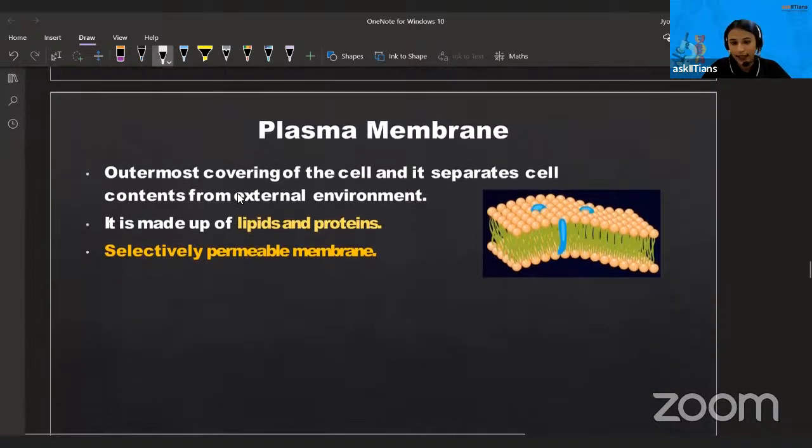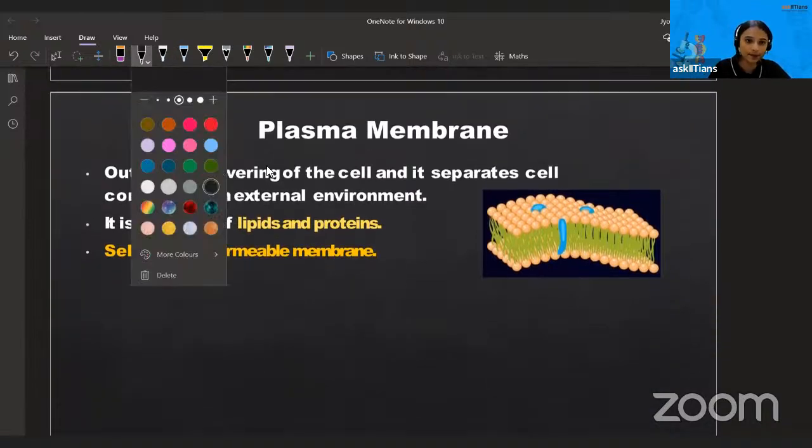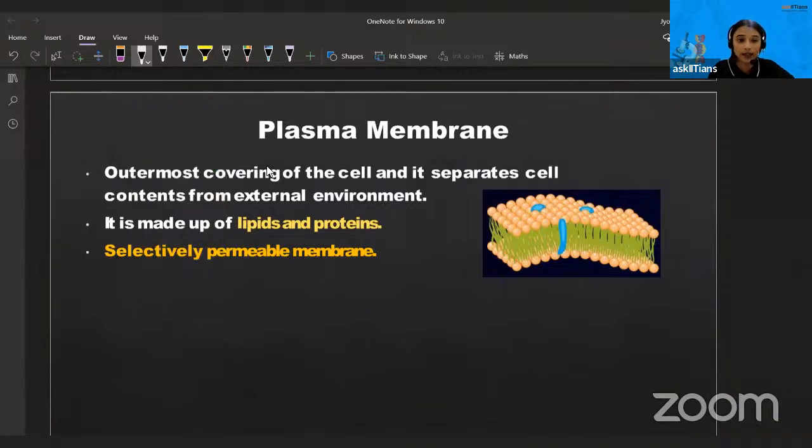Now moving to the next, that is our plasma membrane. As I told you, in case of animal cell, the outermost covering of the cell is the plasma membrane, or it is also known as the cell membrane, right?